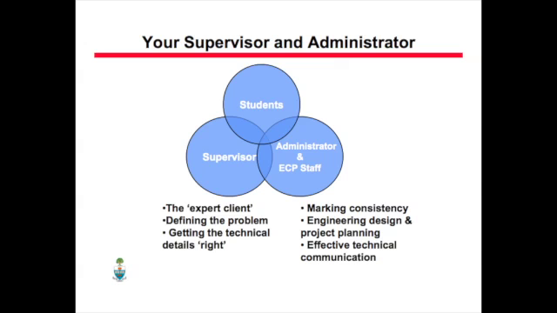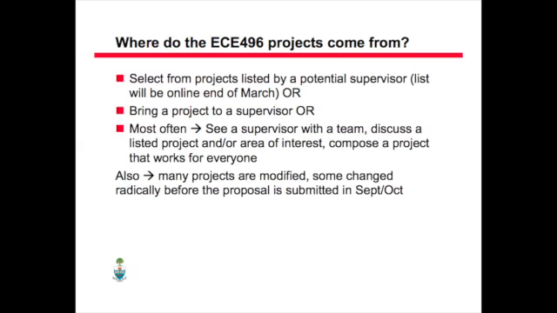Okay, so where do these projects come from? You can select projects by end of March. We're gathering the projects now, and we will be listing them on our course website at the end of March, just before the design fair. Many students also go to the supervisor to propose a project.